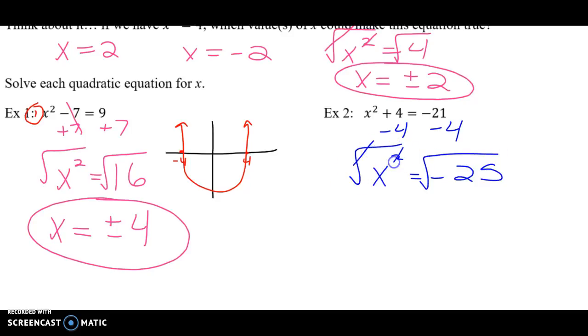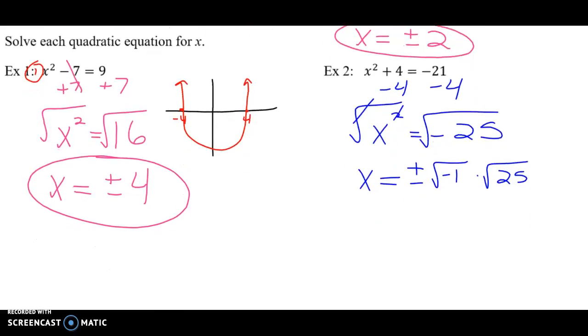Uh-oh. x equals plus or minus... Really, this is the square root of negative 1 times the square root of 25, right? We've done this before. But what's the square root of negative 1? It's i. And what's the square root of 25? 5. So our final answer is plus or minus 5i.